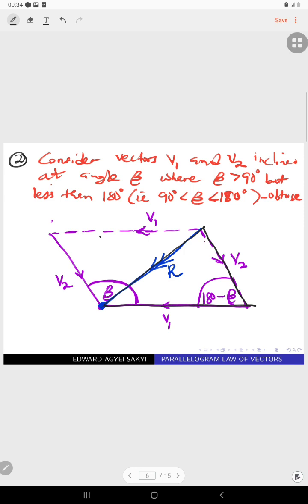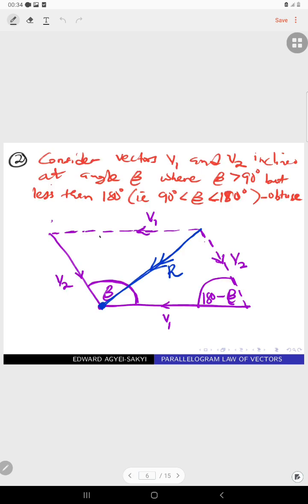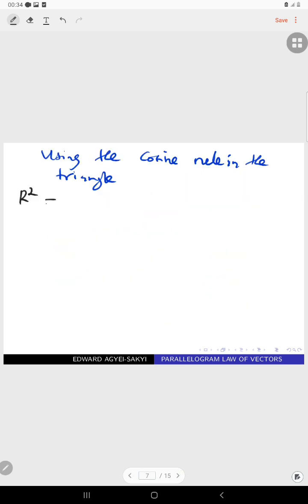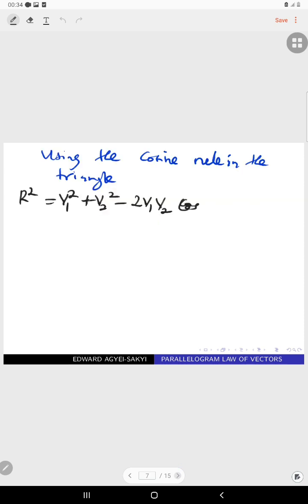And if you are applying the cosine rule there, what do you get? You get R squared equals what? V1 squared plus V2 squared minus 2 V1 V2 cos of what? 180 minus beta. I hope it's clear.